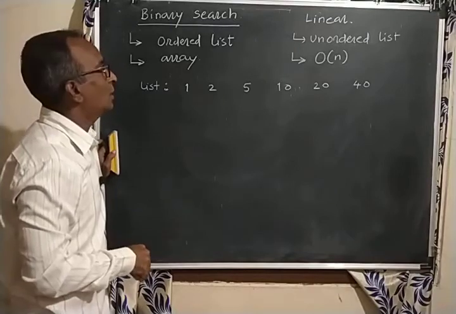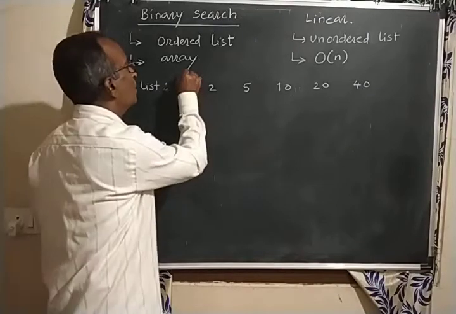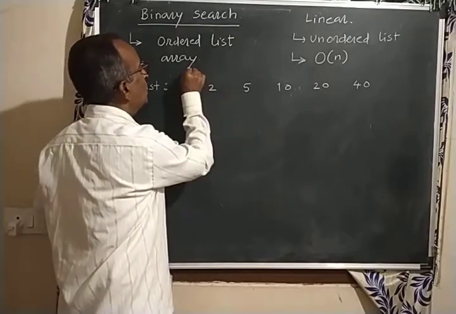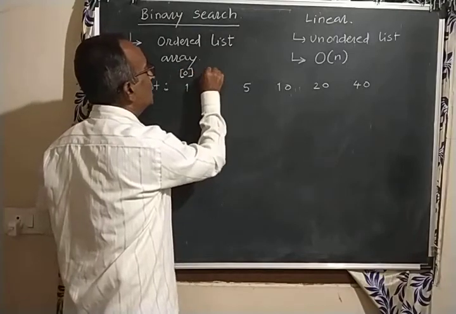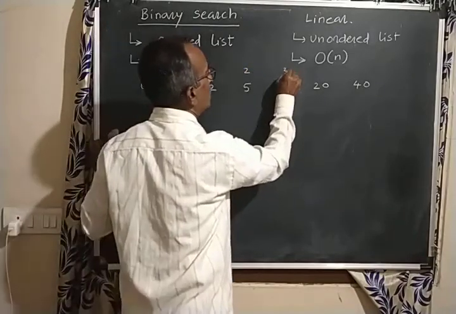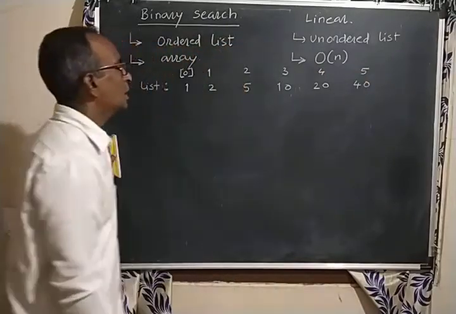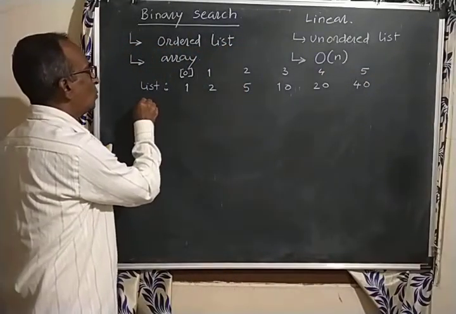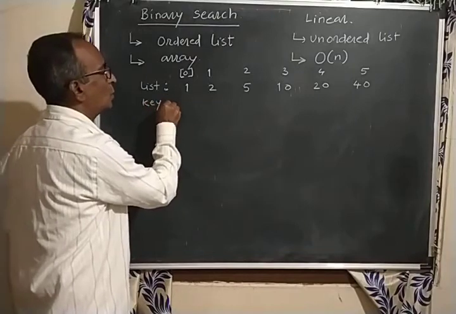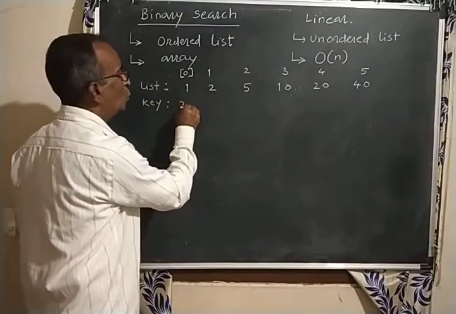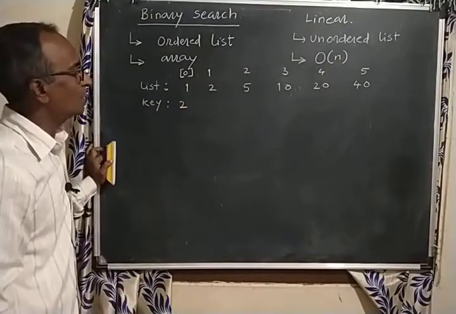Otherwise you cannot apply binary search. So this is the 0th location, this is first, second, third, fourth, fifth. Now the key element to be searched is suppose 2. You want to search 2 in this sorted list.